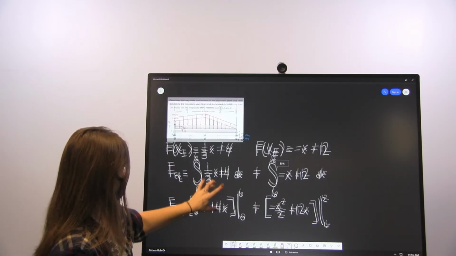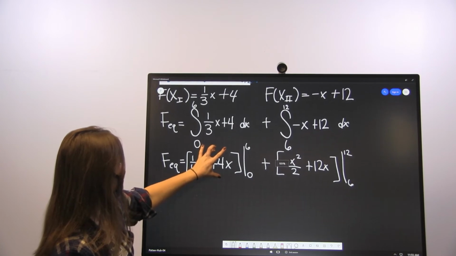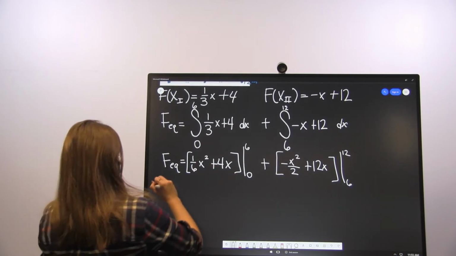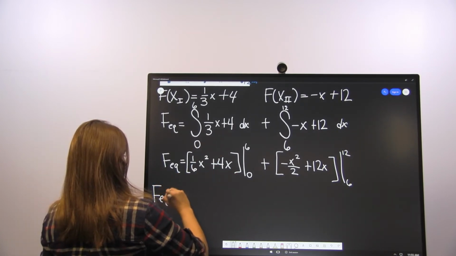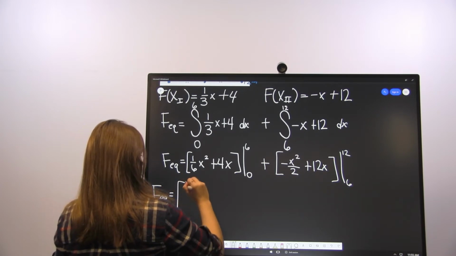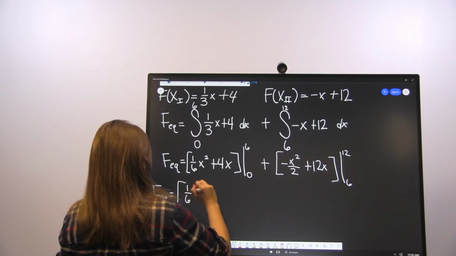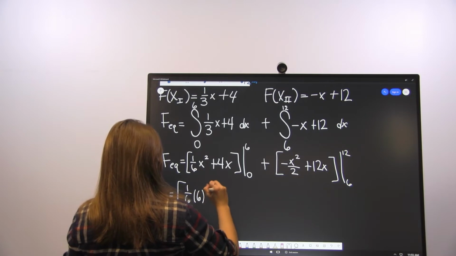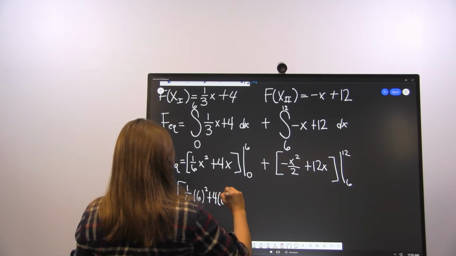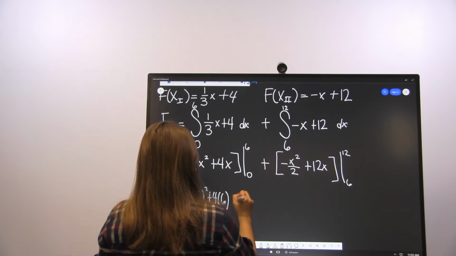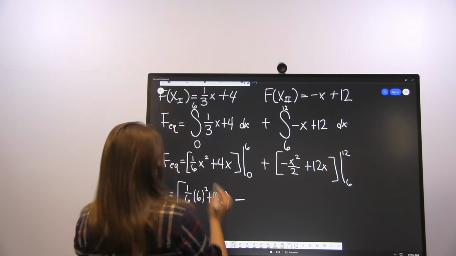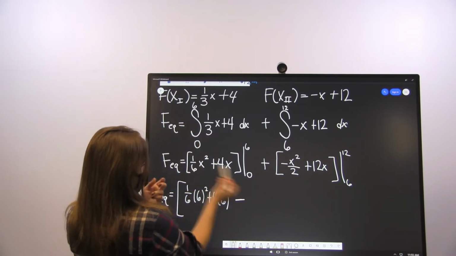And then you're just going to want to plug in, this is just plug and chug. 1/6 times 6 squared plus 4 times 6, minus, and then you plug in 0. When you plug in 0, it's just going to give you all 0 terms.